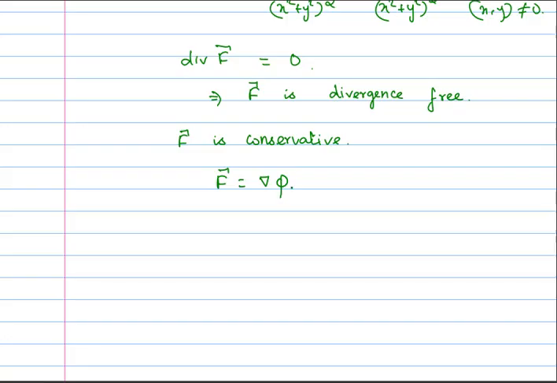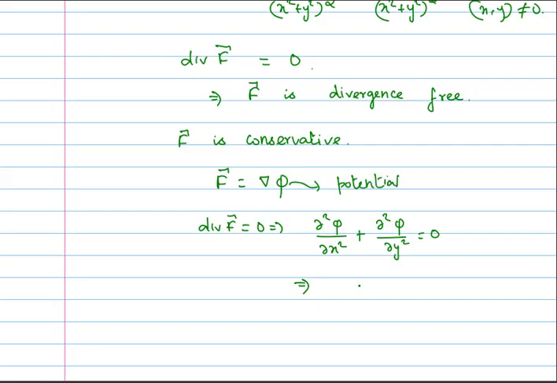So divergence of F equal to 0 implies dou square phi by dou x square plus dou square phi by dou y square equal to 0. So this is the complex potential, the potential function. So phi is harmonic.